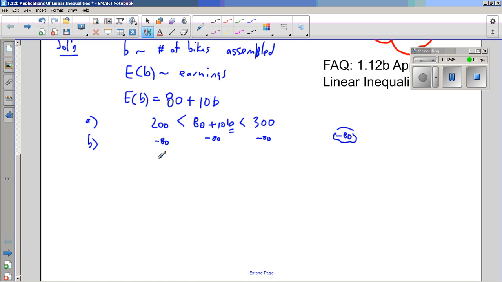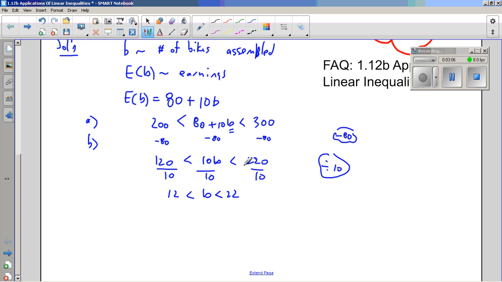Here I get 120 is less than 10B is less than 220. And then to get B alone, I divide by 10. Each of the parts gets divided by 10. 12 is less than B is less than 22. There, done. I solved my double linear inequality.